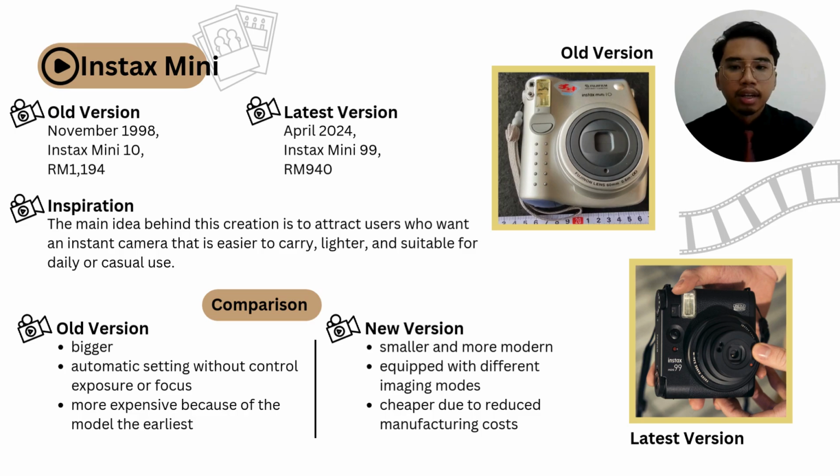The old version has automatic settings without control of exposure or focus, and the new version is equipped with different image modes. The new version has more advanced imaging modes.